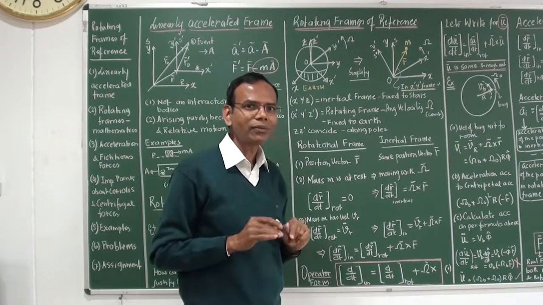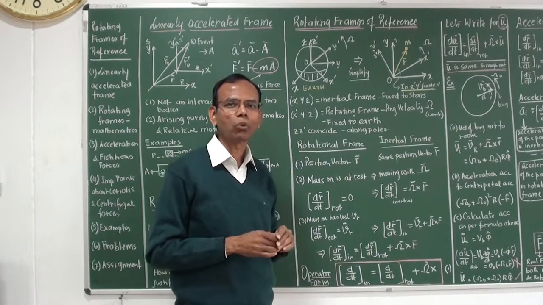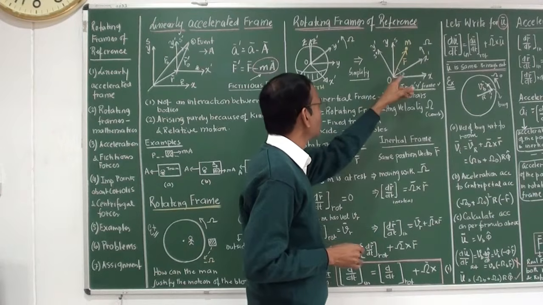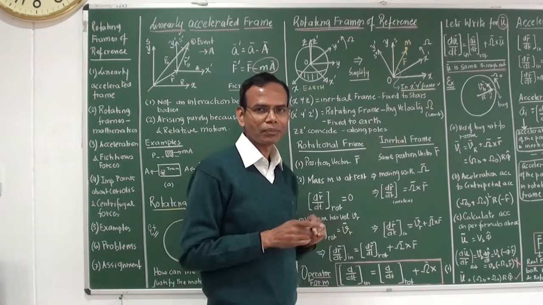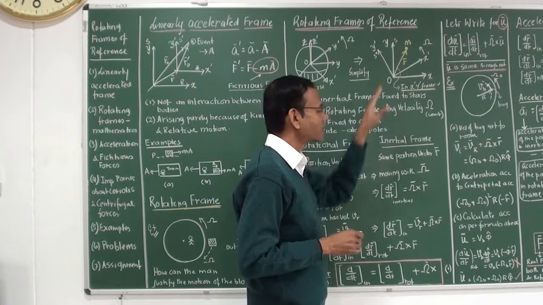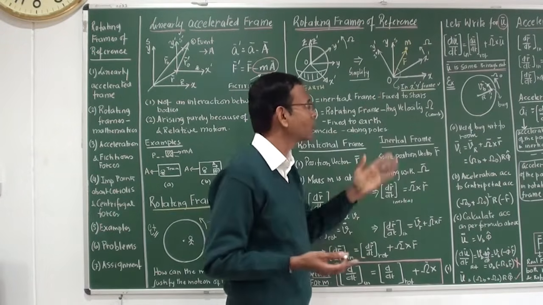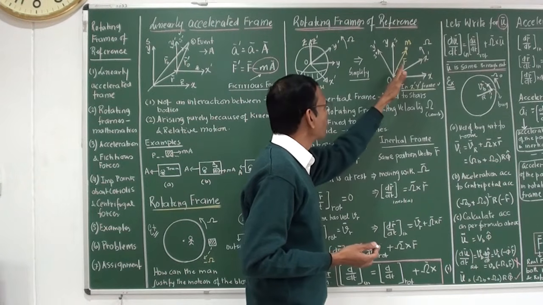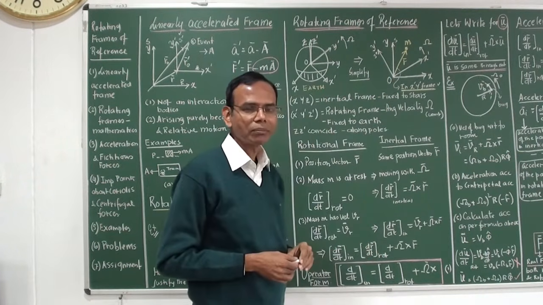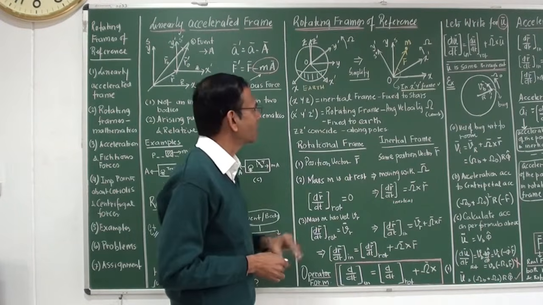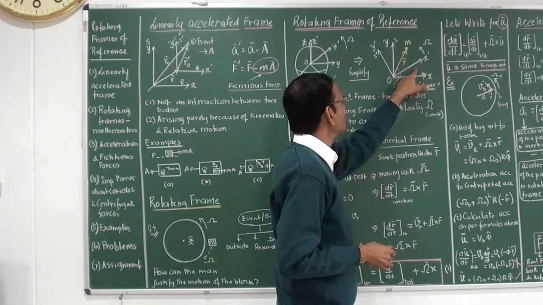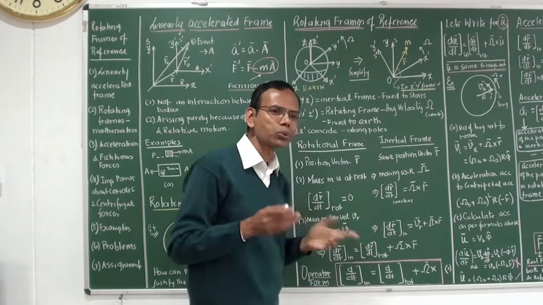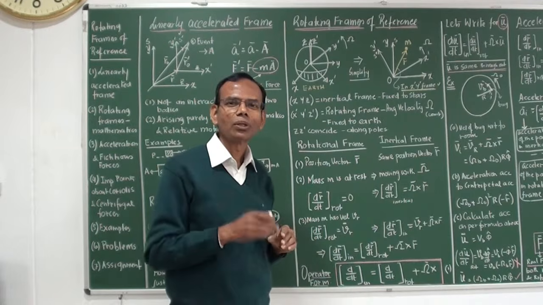Now, that derivation is a little long and a little more mathematical. It is because x prime, y prime axes are rotating. When you take the derivative of R, the components of R will be changing in x prime, y prime. Not only that, i cap prime and j cap prime are also rotating.